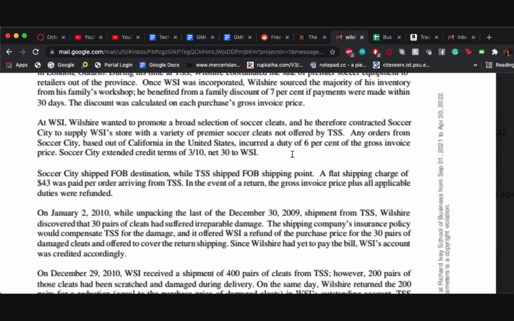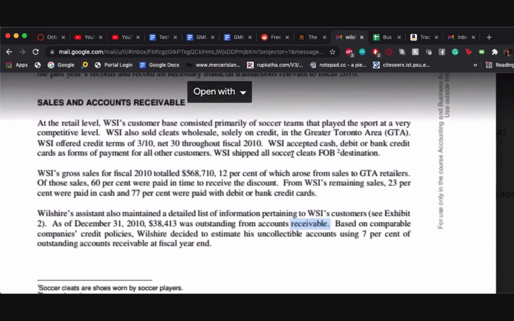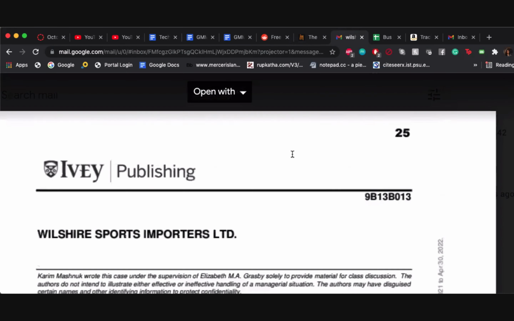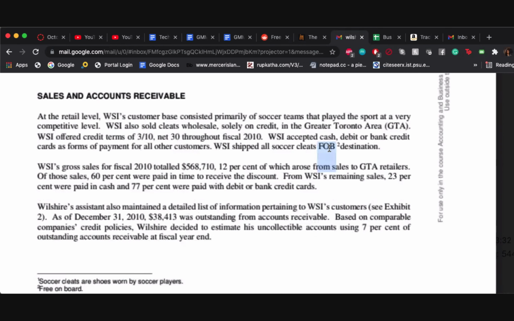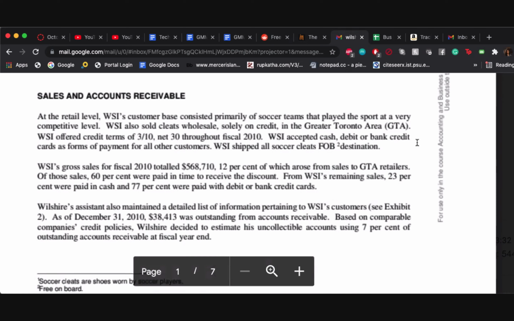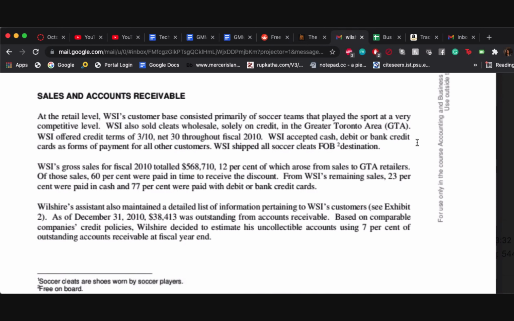But just as a rule of thumb, if we scroll up, we know that all of their stock is shipped FOB destination, which means that we don't get paid until they confirm receipt of goods. If it was FOB shipping point, as soon as we send it out, we can record it as revenue in our accounts. But here, we don't give up responsibility of the item until it reaches them.